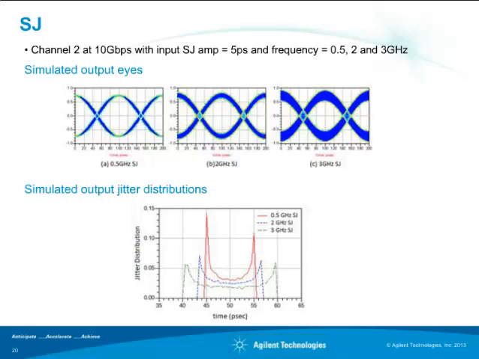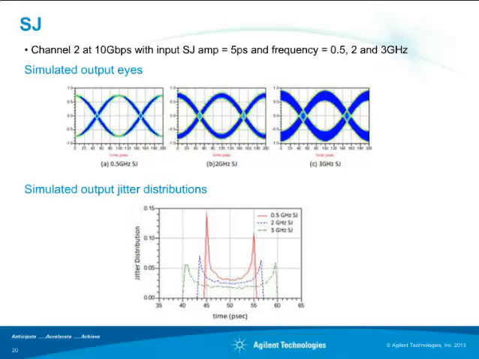We can see as the SJ frequency increases, the output SJ amplitude becomes larger. We also notice an amplitude modulation or amplitude noise at the output signal that is induced by the input SJ, as predicted by the theory we discussed previously.